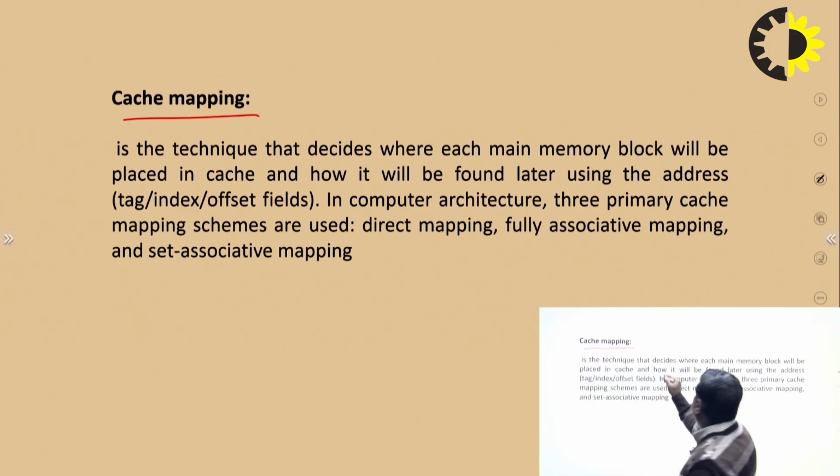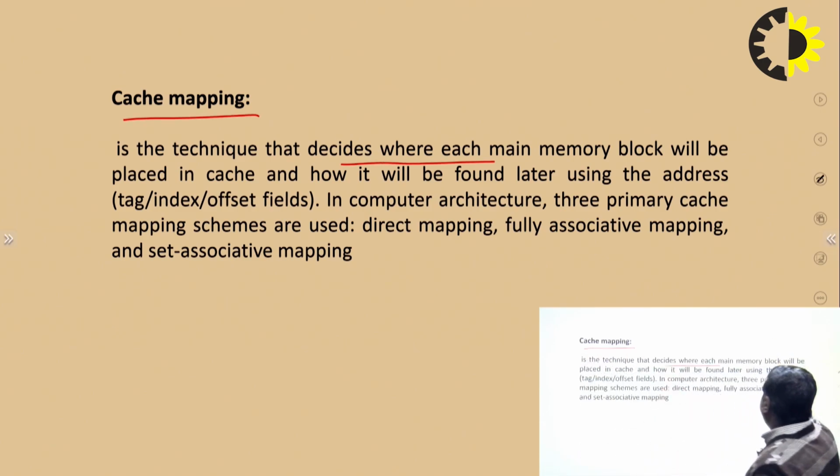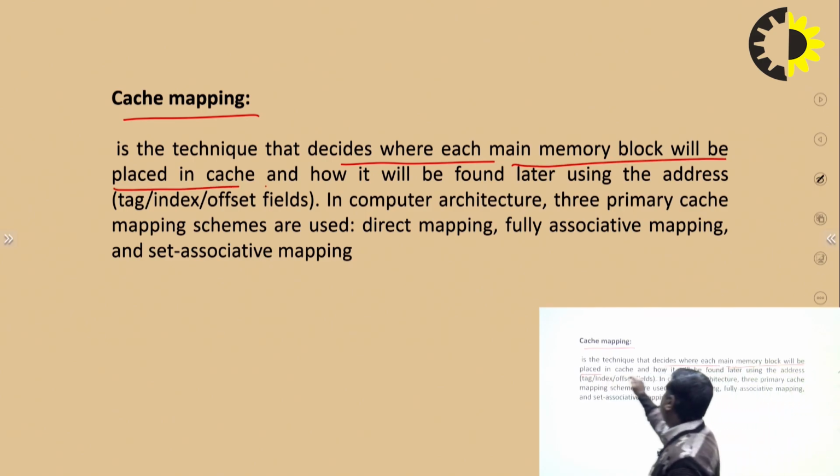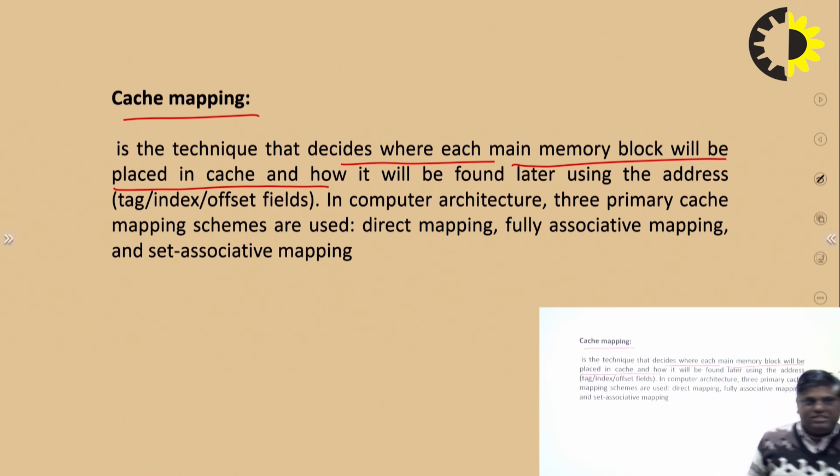Cache mapping is a technique that decides where a main memory block will be placed in the cache memory. It means the data of the main memory is mapped into the cache memory.